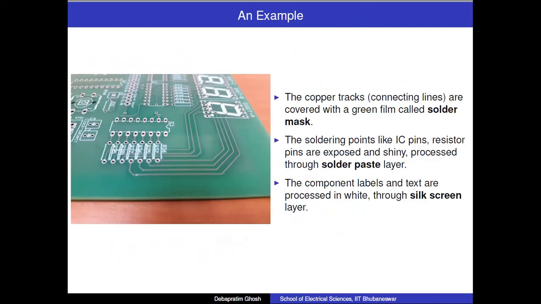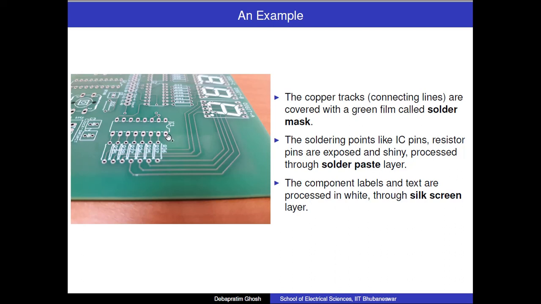So, an example, you can see over here, the copper tracks are covered with this green film, that is the solder mask. But over here you can see a number of wires where the resistors have to be soldered, and over here the IC pins have to be mounted.